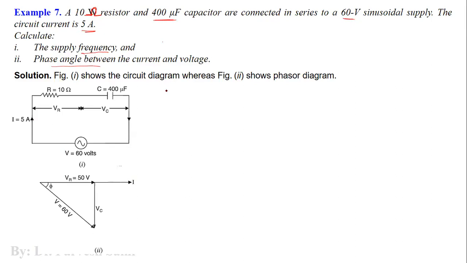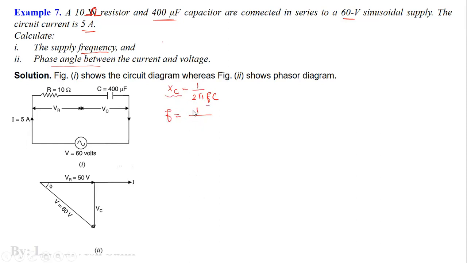Now, to find out the frequency, we know that Xc is equal to 1 upon 2 pi fc. So from here we can find out f, which is 1 upon 2 pi C Xc. But because f is not known, we cannot find out Xc either, so we need to apply some other concept.